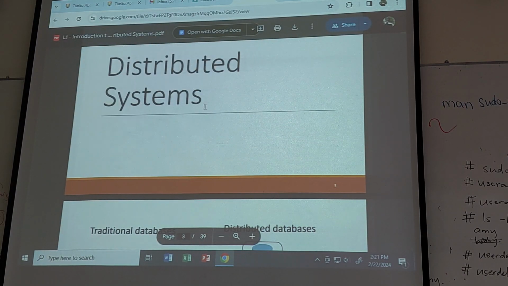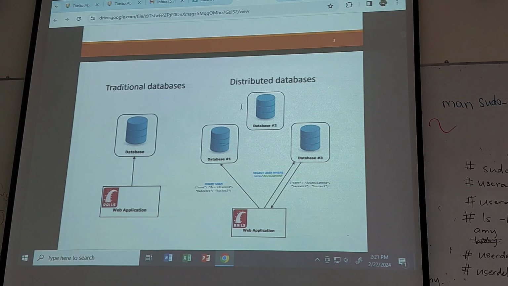So in distributed system, the left-hand side is an example using a traditional database. If you have a web application at the bottom and you access the database, you have only one database and it has to do everything that the web application requires it to do, right?